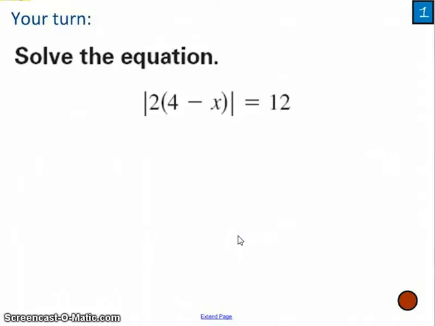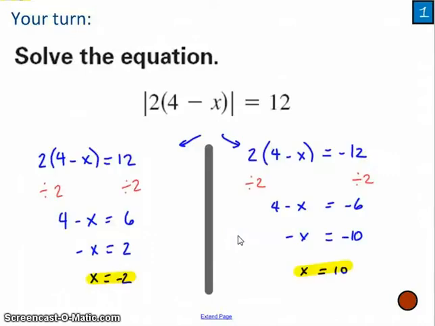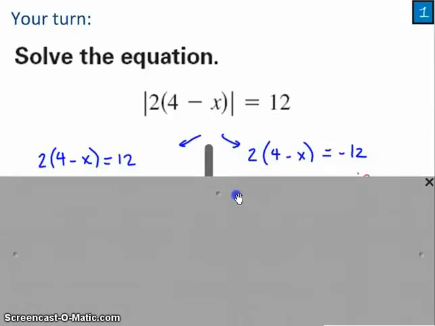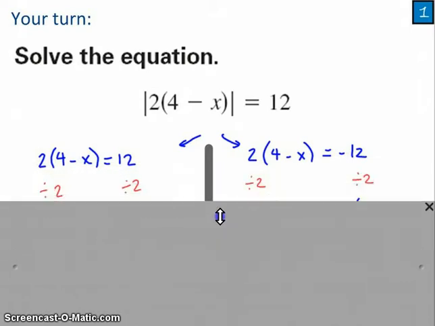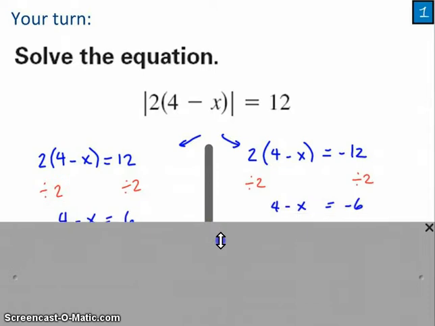Okay, I'm going to assume that you did that. And I'll walk you through this if you like, just to make sure, but you should have ended up with negative 2 and 10. So very quickly here. I split it apart. I decided this time, and I've highlighted it in red, not to distribute the 2. I just want to point out you don't have to distribute that 2. Instead, because the 2 is already outside what's in parens, you can divide it away.